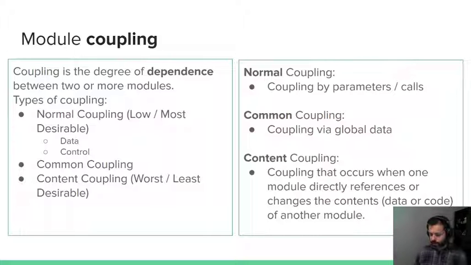So the other side is coupling. Cohesion is focus of classes. Coupling is how interrelated they are. And what you want are classes or modules that don't have a dependency on other classes, or try to minimize that. So we have different types of coupling here. We have normal coupling, which is very desirable in the fact that we only really care about maybe data coming in or going out, a little bit of control.